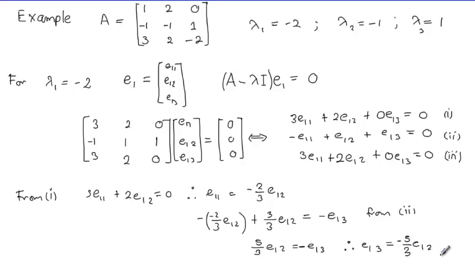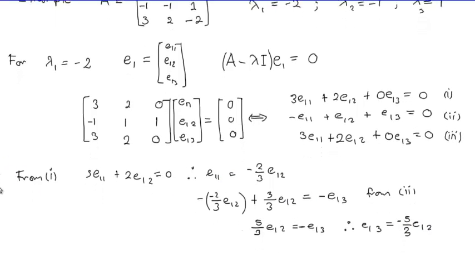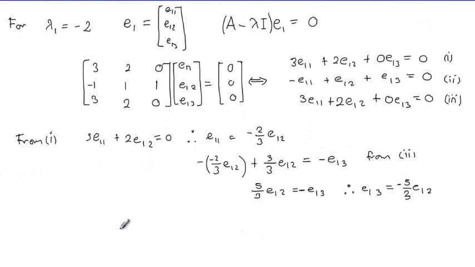So what we have here, we have that our E11 depends on E12, E13 depends on E12. So we can freely choose E12. So choosing freely E12, we can now build our vector E1.